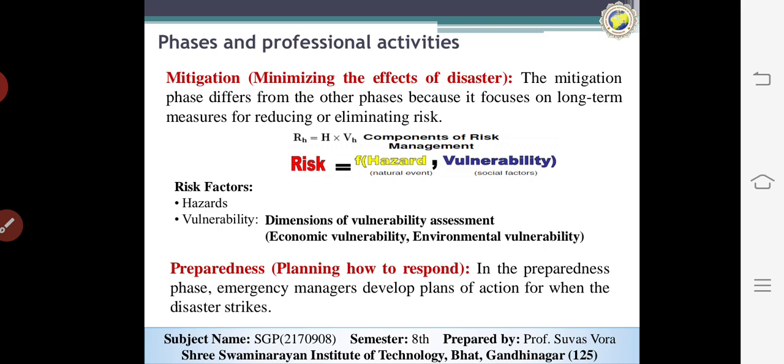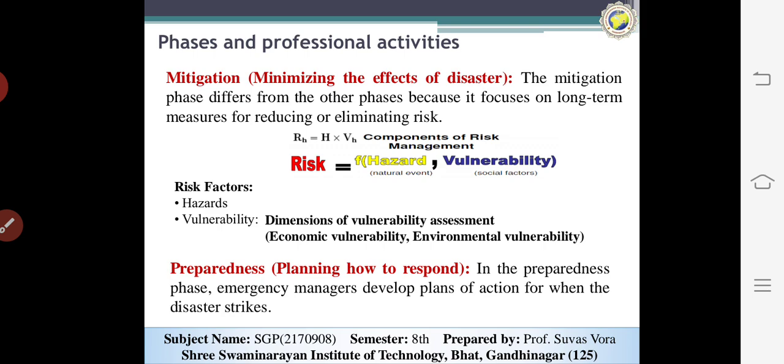Mitigation is the most efficient method for reducing the impact of hazards, but it is not always suitable, and structural mitigation in particular may have adverse effects on ecosystems.